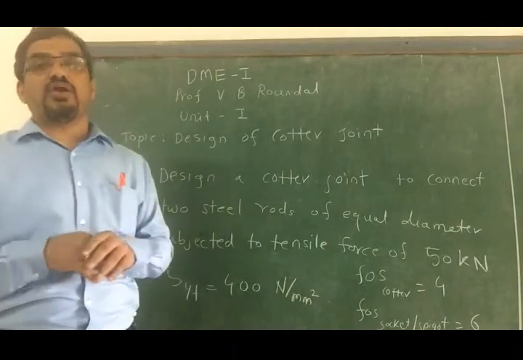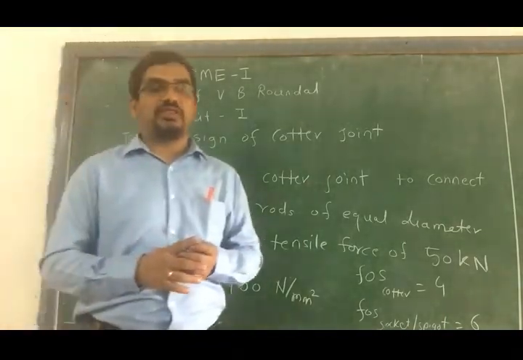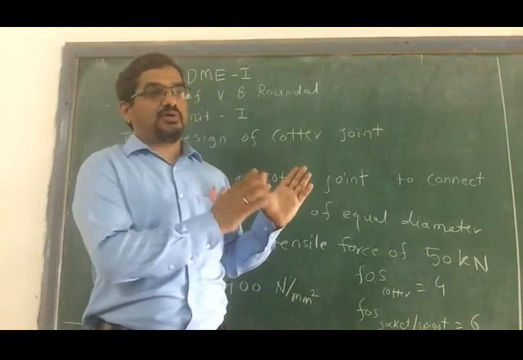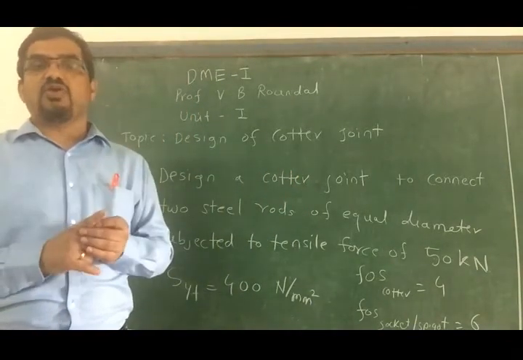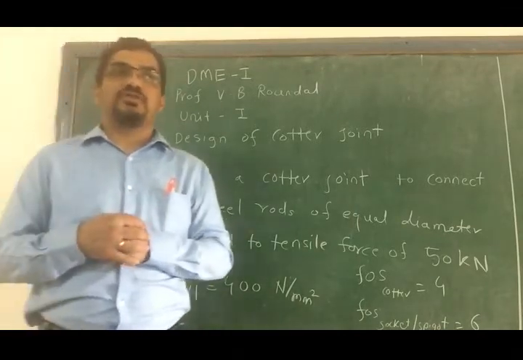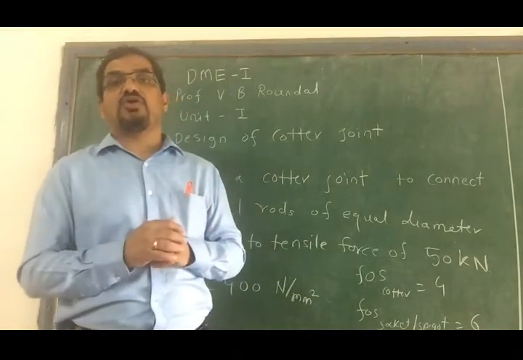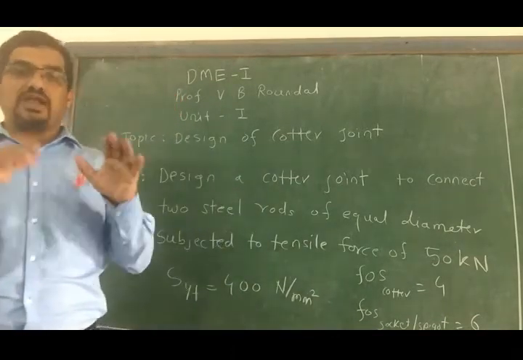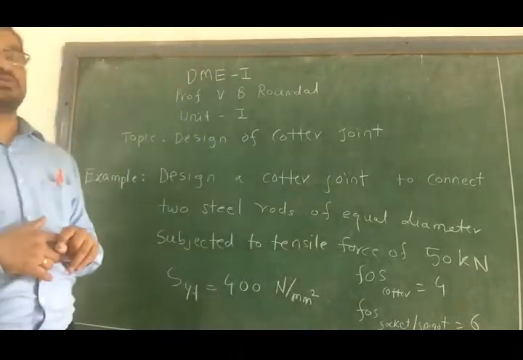So these diameters we have to finalize. Then there are A, B, C. You guys know what ABC are. A is the gap at the end of the quarter. Then the width of the quarter is B, and C is the distance from the other end to the end of the collar of the socket. So we have to find out A, B, C, the thickness of the quarter, and the different diameters. At the end of this numerical, we will have those dimensions ready with us.